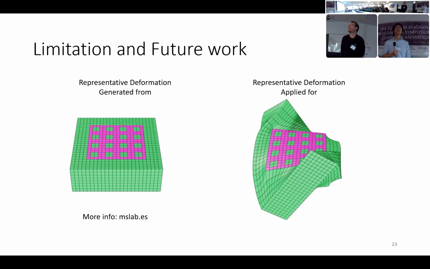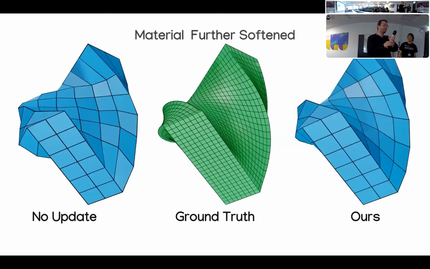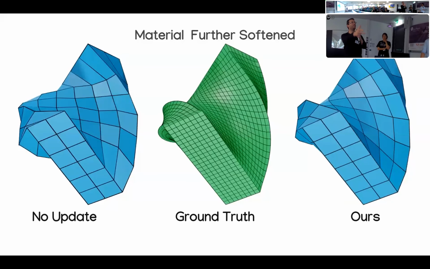Other questions? I had a very naive one. You showed an example where you had this stiff center, and then you make this center softer and softer dynamically. Does it work in the symmetrical case where you have a soft center and can you make it stiffer and stiffer dynamically? Is it exactly the same thing or not?